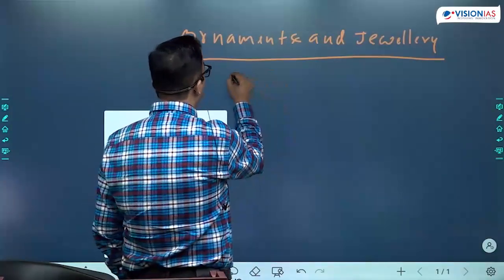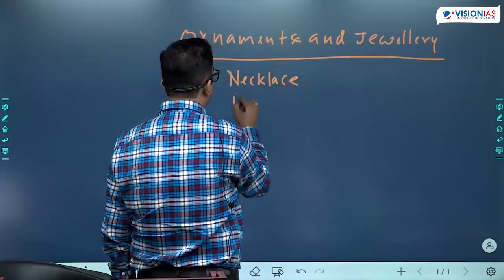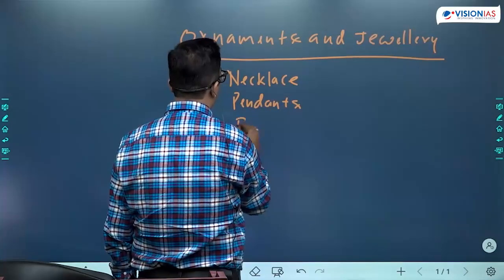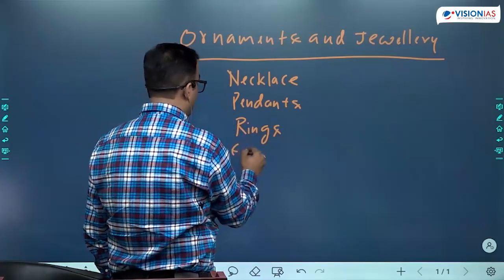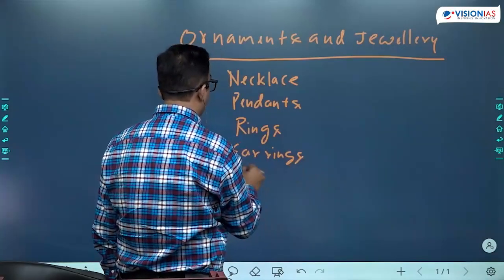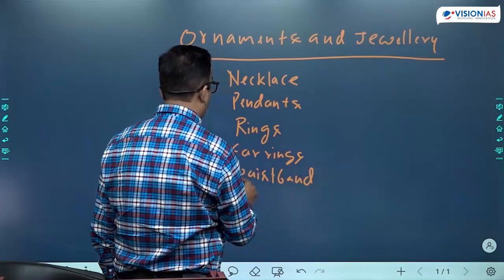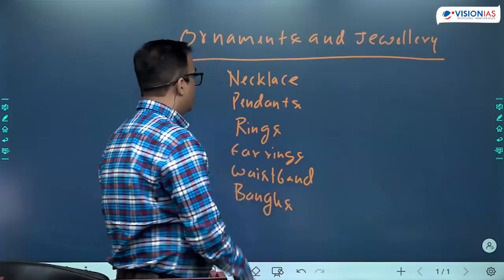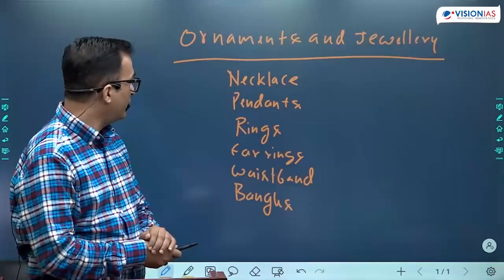So it included a necklace, then pendants, rings, then earrings also, apart from it, waistband, then bangles. So these were the different varieties of the ornaments that they were using then.